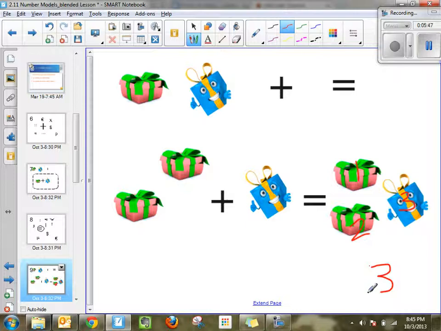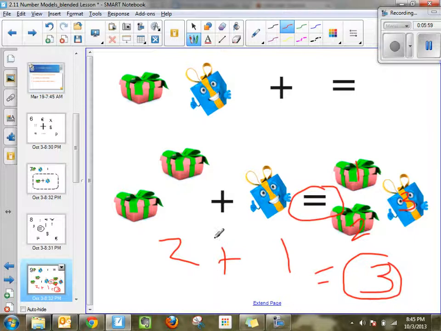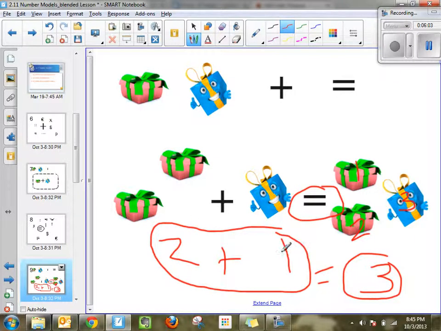So our answer over here is 3, and we would say 2 plus 1 equals 3. So our equal sign again tells us that 3, which is written right here, is the same thing as 2 plus 1. Even though 2 plus 1 does not look like the number 3, if you add 2 plus 1, it actually gives you 3.